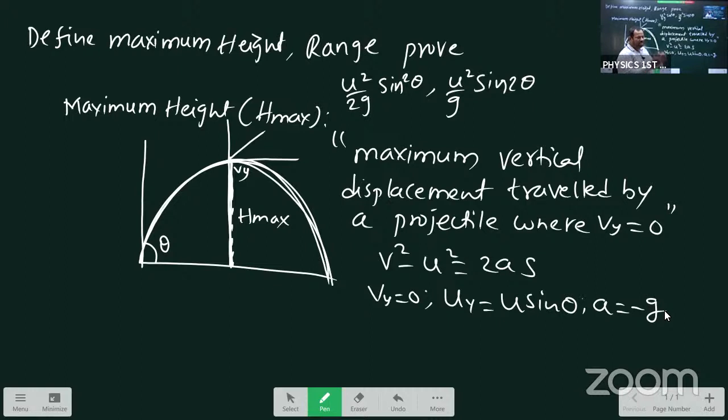Horizontal component means divided into two components, ux and uy. Because this one is y upwards going, a body moving opposite to the ground, minus g. Yes, nothing but h, otherwise h max. So v square minus u square equals 2as means 0 minus uy whole square equals 2 into a, means minus g, h max or maximum height, capital H.